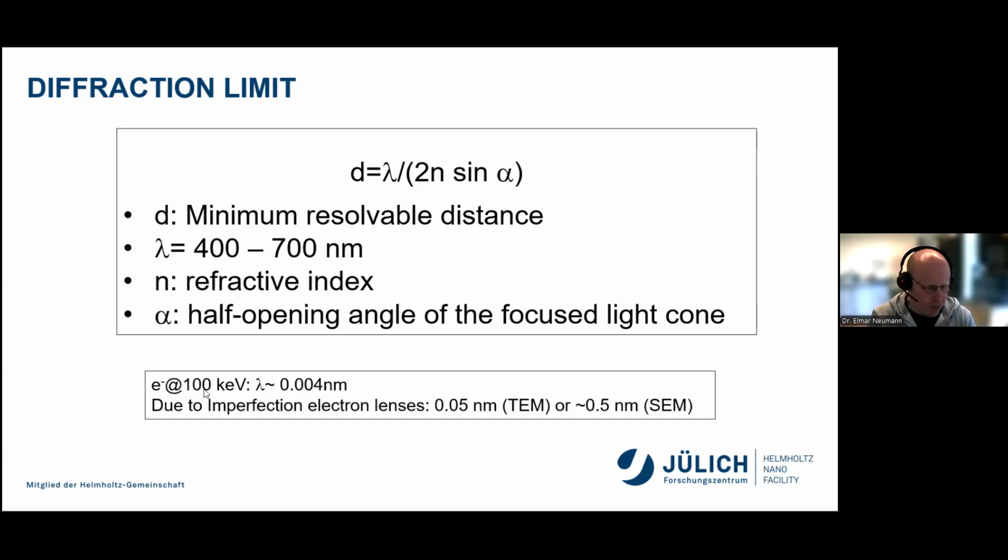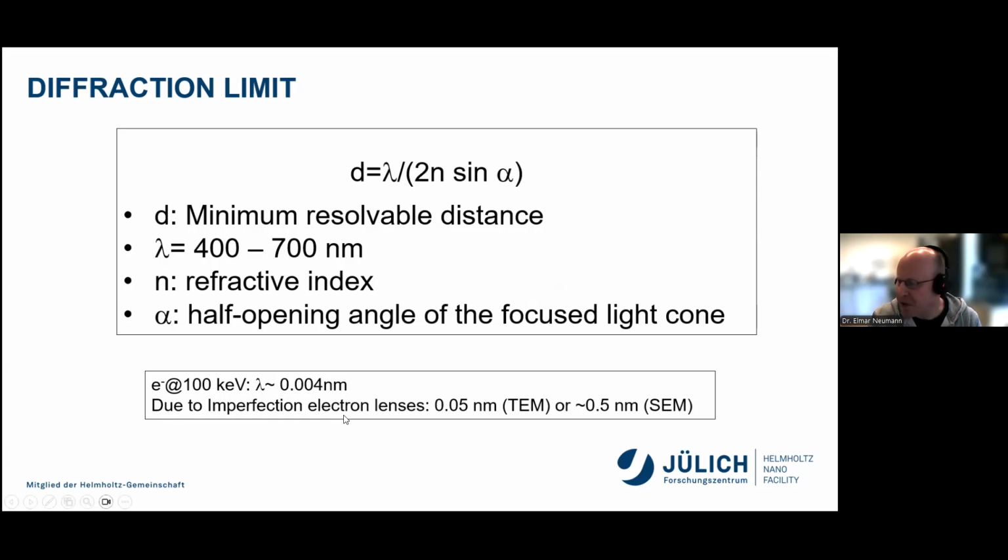At the beginning, before these techniques were invented, it was quite appealing to use electrons instead of light waves in order to image, because if one looks at the mere numbers, it's very appealing that we could go even below the chemical bond, for example.